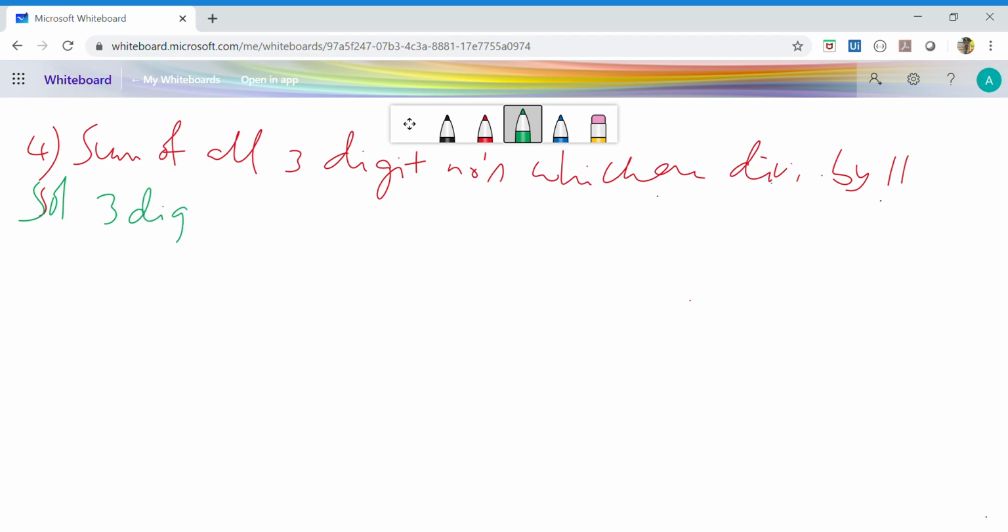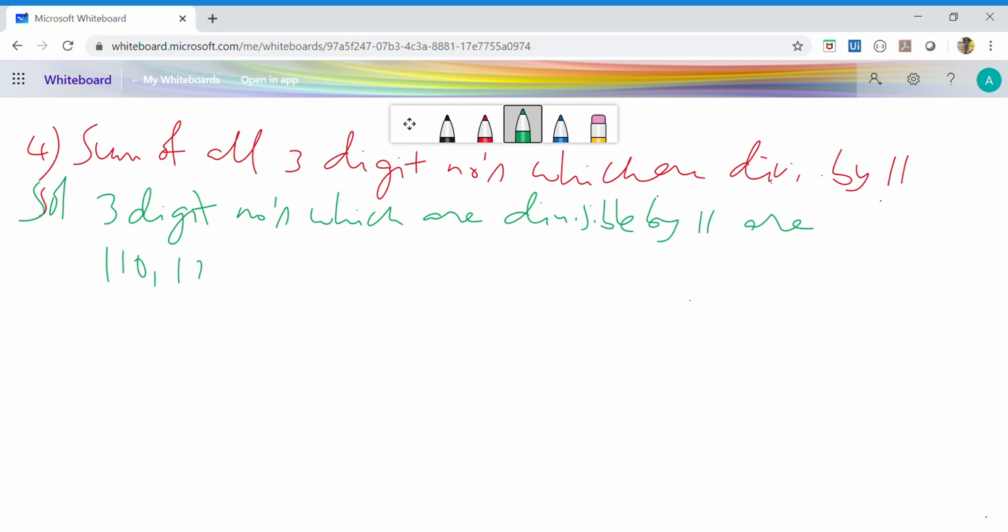So the solution becomes: the 3-digit numbers which are divisible by 11 are 110, 121, 132 and so on, up to the last number, which is 999.